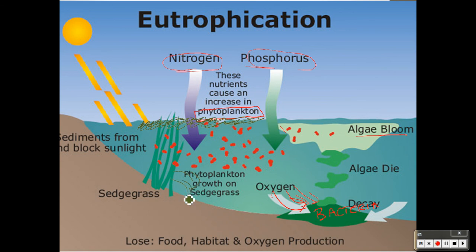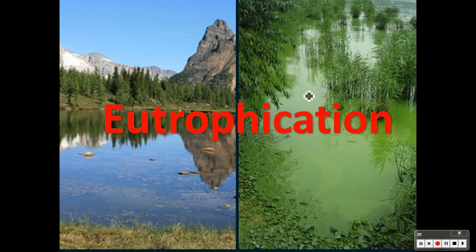And when the seagrass dies, the same bacteria that broke down the dead algae start to accumulate there, and they suck up the oxygen as well. Once the oxygen starts to die in the lake, all the fish start to die. And those same bacteria that caused all the problems grow even more and suck up even more oxygen. And you end up with this dead lake that nothing can survive in.